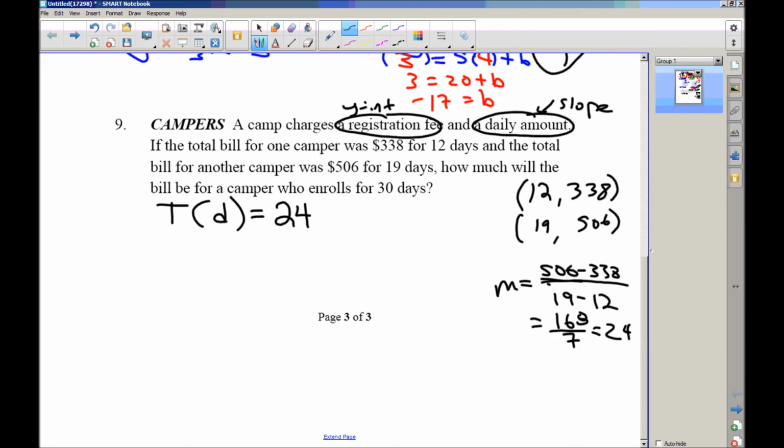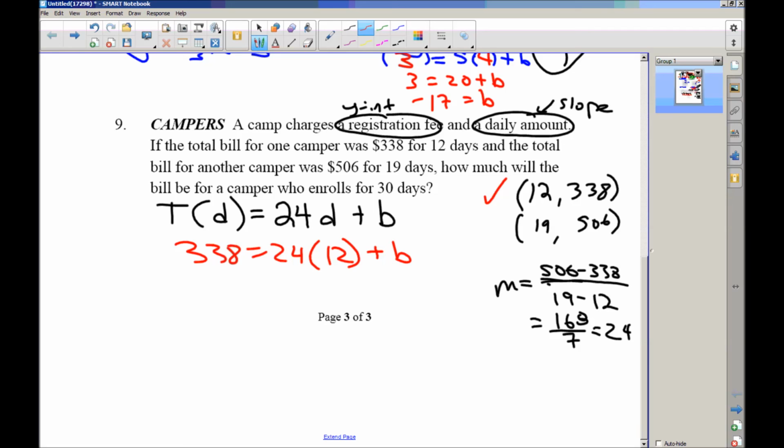So there's my slope. And then we don't know how many days, but we need to find this y-intercept, or in this case, the t-intercept. Okay, so to get that, I pick one of my points, whichever one I want. So I'll go with the first one. It's got smaller numbers. The total of 338 equals 24 times the number of days, d, which was 12 in our case, plus b.